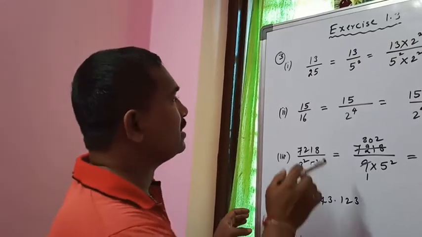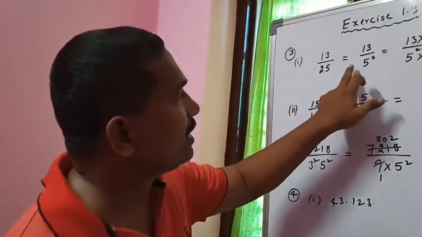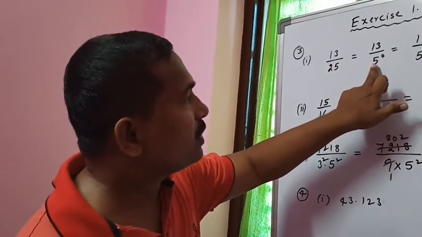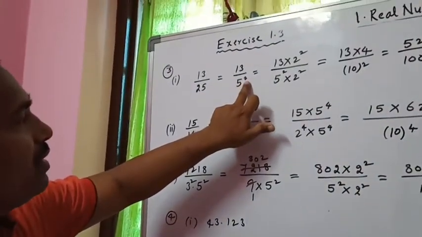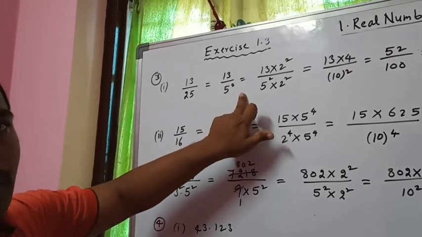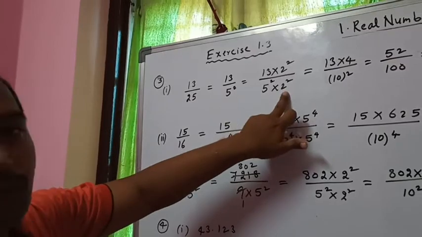Okay, let us see here. 13 by 25. Here 25 can be written as 5 square. To make this denominator a power of 10, multiply numerator and denominator with 2 square. So 13 into 2 square, 5 square into 2 square.